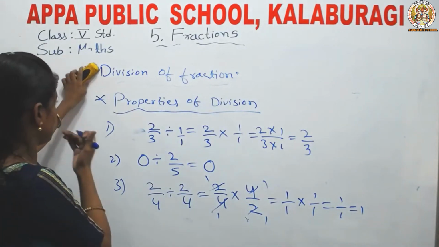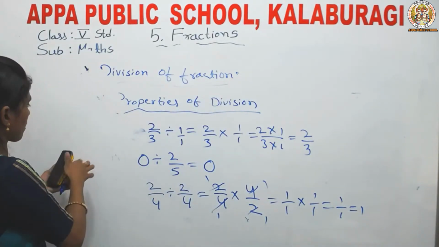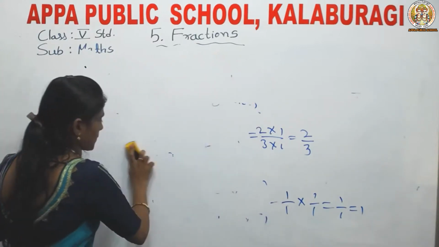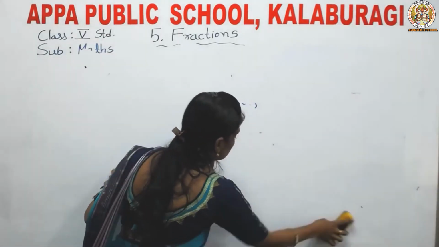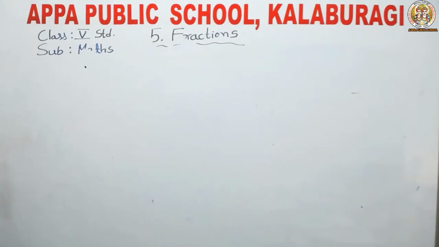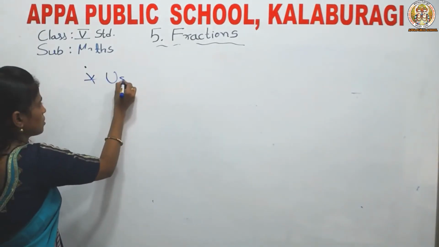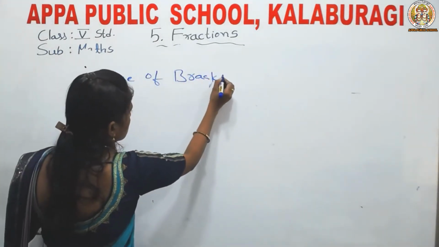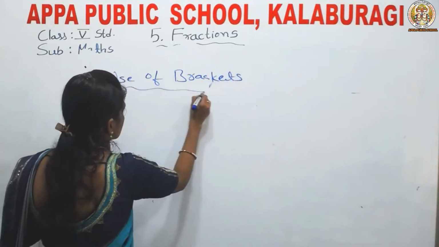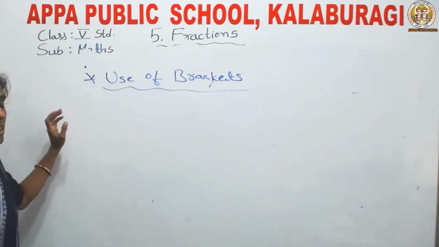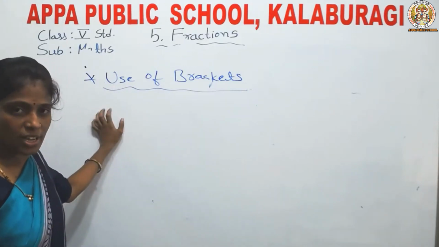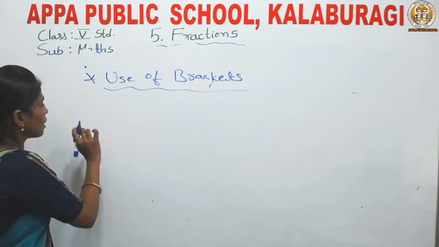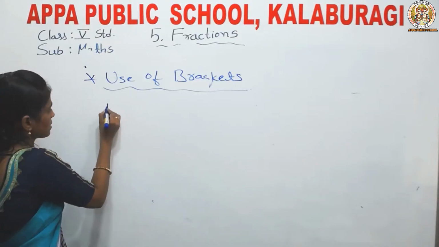Next, use of brackets. In simplification or simplifying fractions, brackets are also used. How? Here three brackets are used.